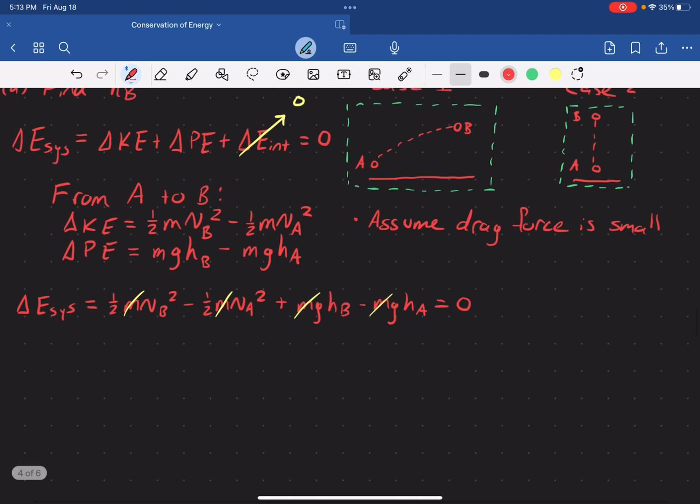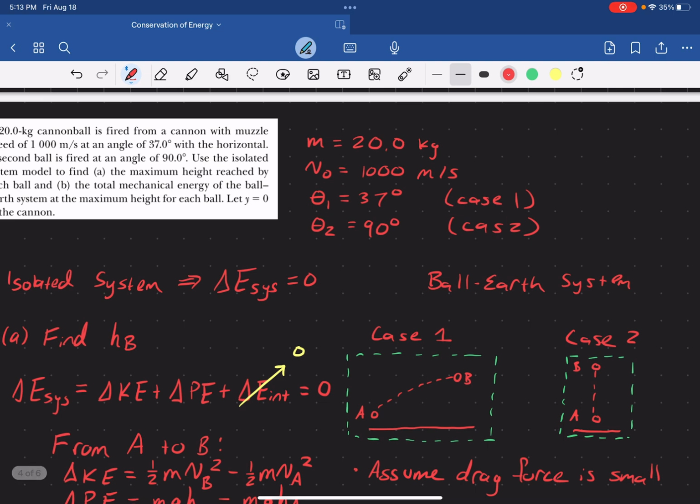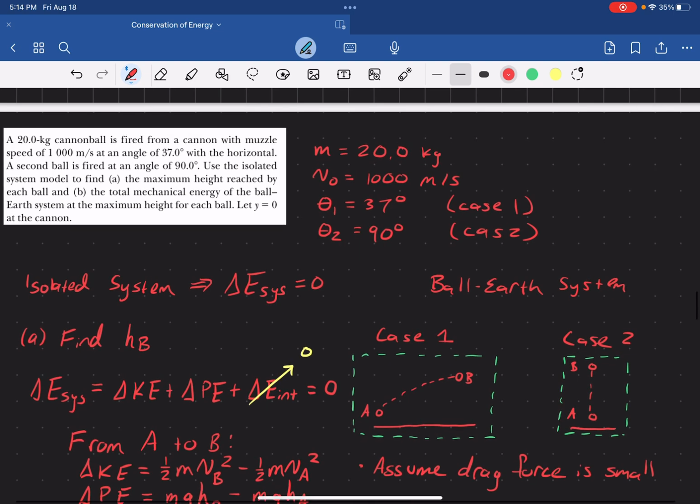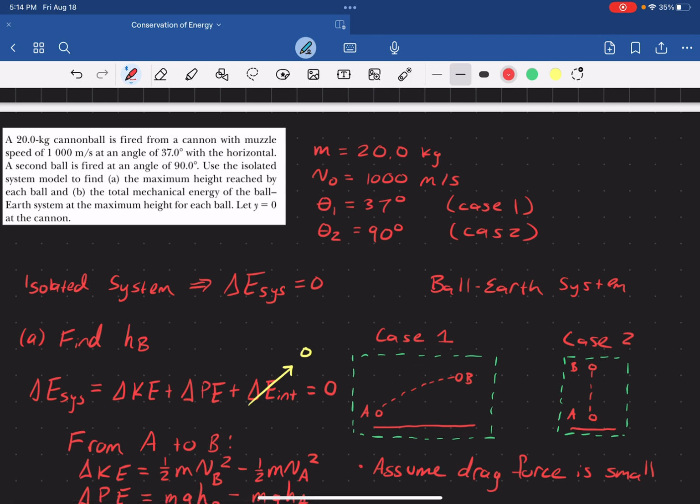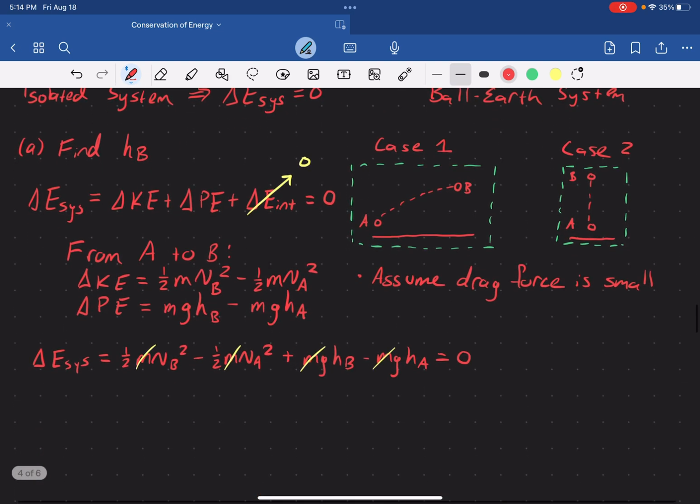We also should understand that our datum, hinted at by the problem, let y equal 0 at the cannon. So y in this case we call HA in either case. So HA is equal to 0.